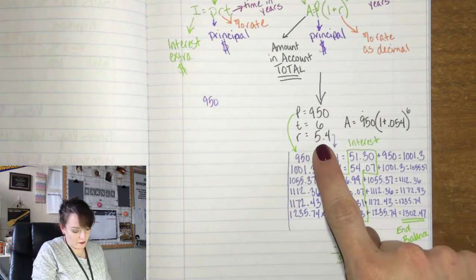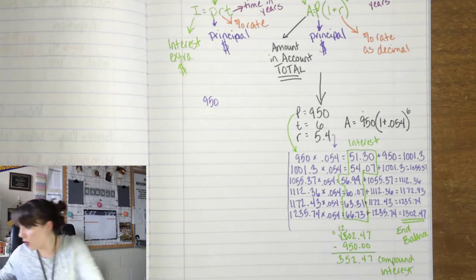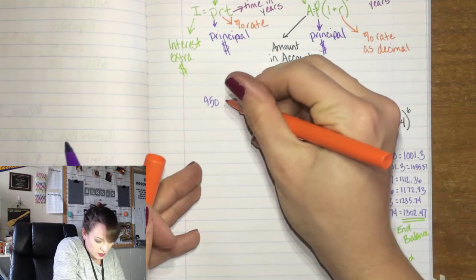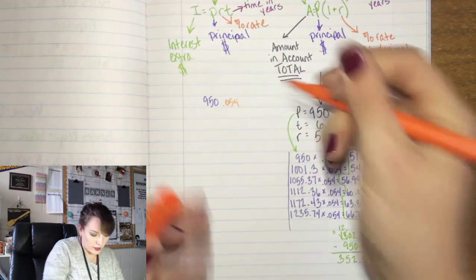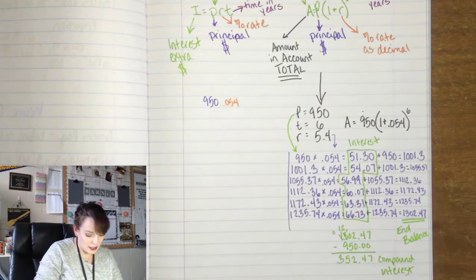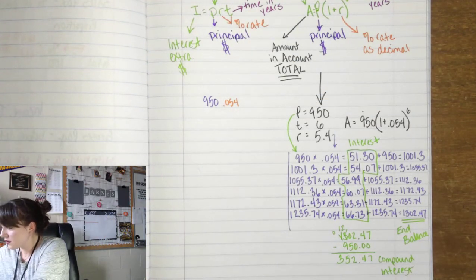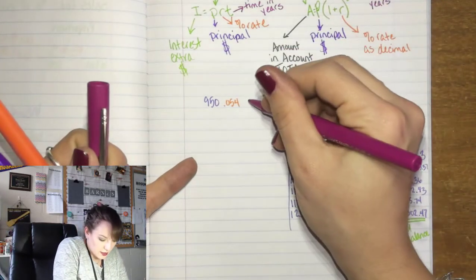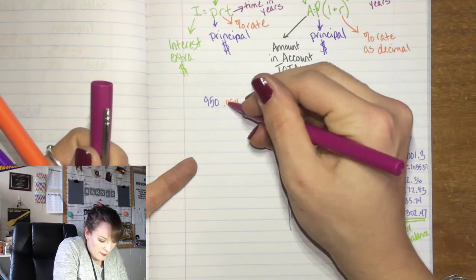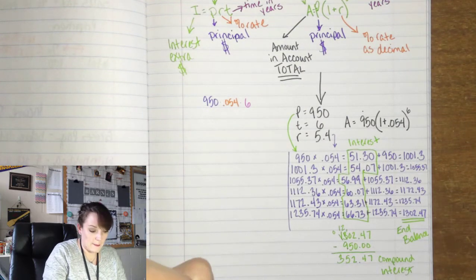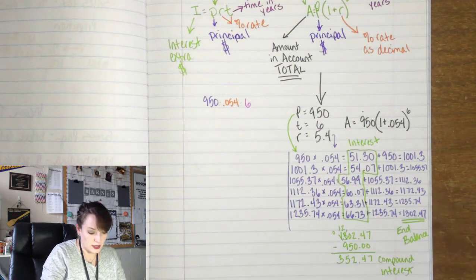Rate is 5.4, so that's going to be 0.054. And then time in years, that is 6. If I multiply those 3 together, that tells me my simple interest.